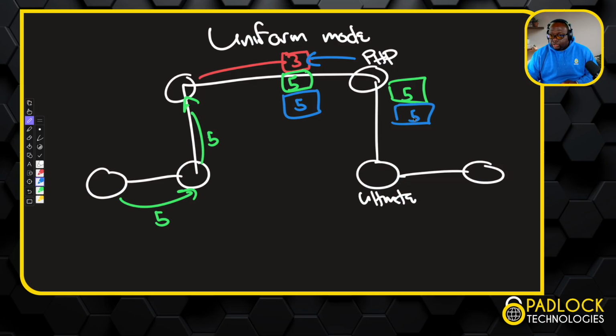Now, there are 2 ways to do this: explicit null and implicit null. I'm going to go over that in a lab a little bit more, because if I do it in theory, it doesn't make any sense. At least for me, I never got it until I saw it in the lab. But we're just going to go with implicit null by default. What you would have to do at the penultimate router is copy this value into the buffer via a QoS group.